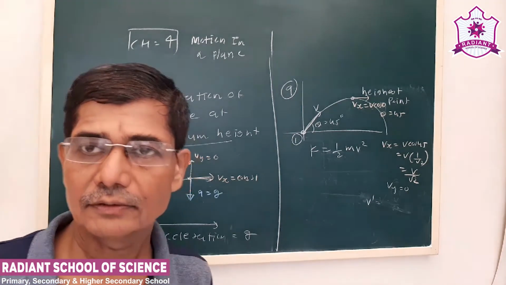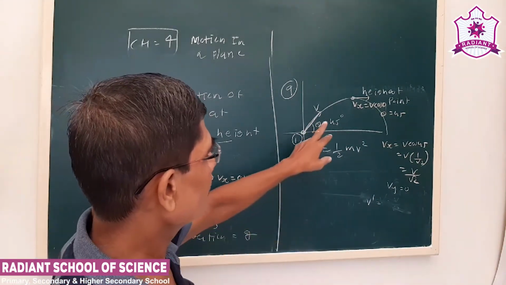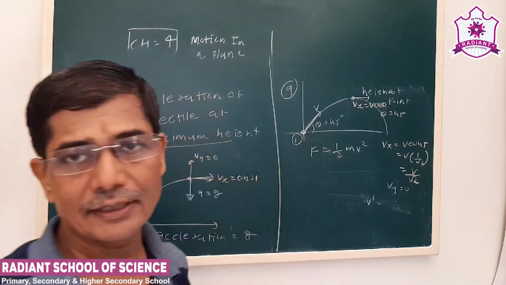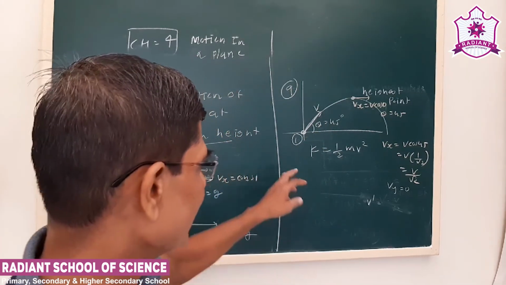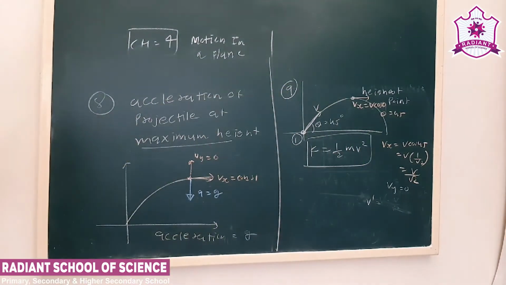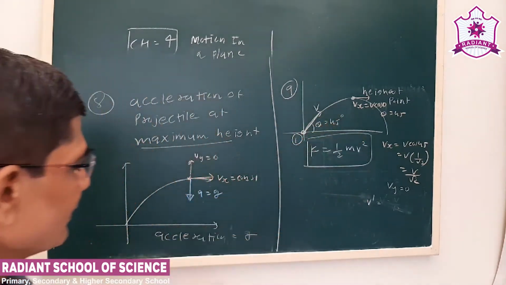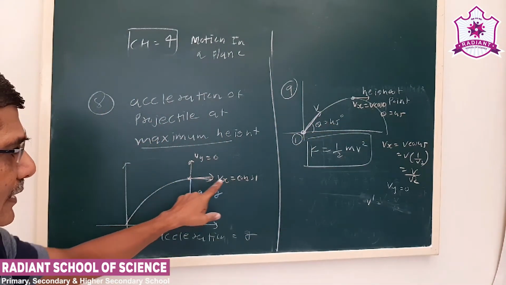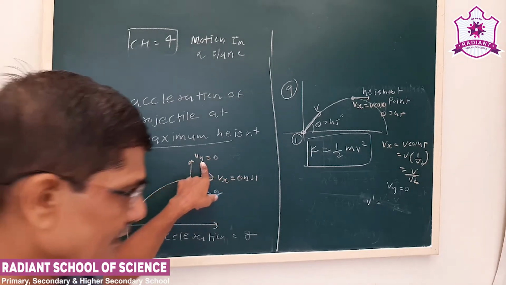Now our question is this. The projectile is projected with an angle of projection of 45 degree. The kinetic energy K is half mv square. What will be its kinetic energy at maximum height? Just now we have discussed that at maximum height the x component remains constant and the y component will become 0.